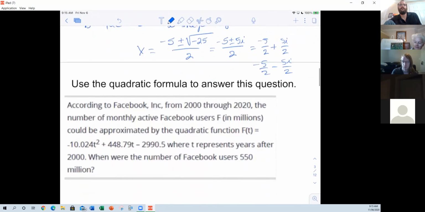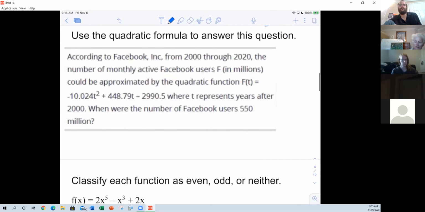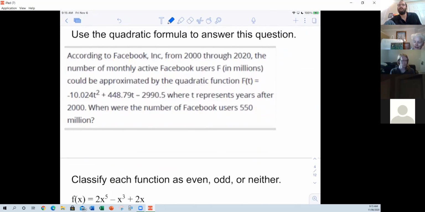Okay, then we have some application problem where you would have to use the quadratic formula to solve the problem.